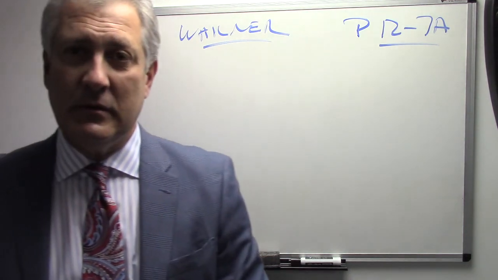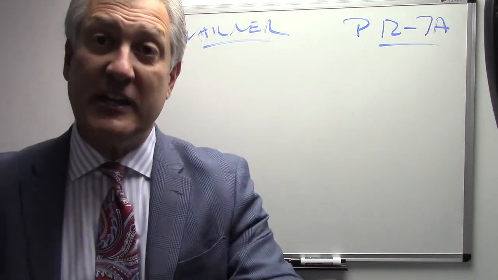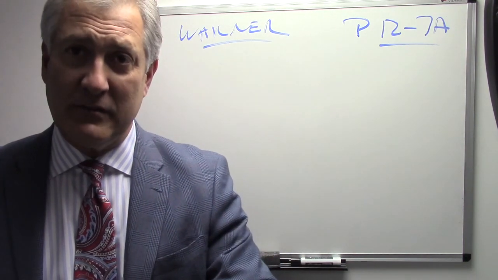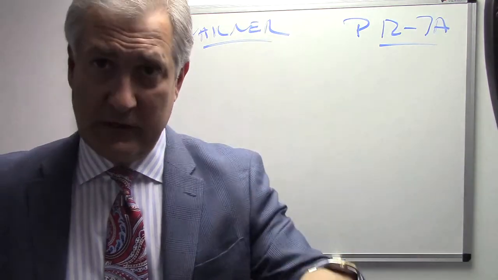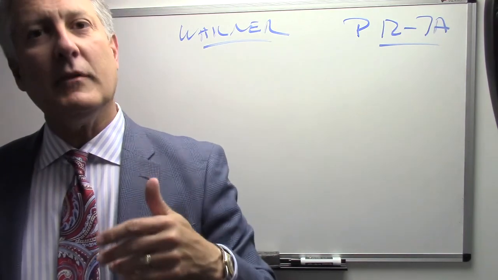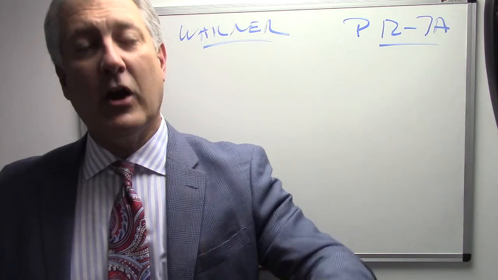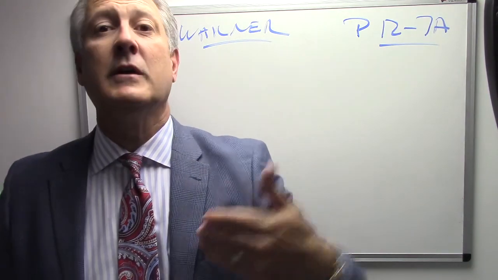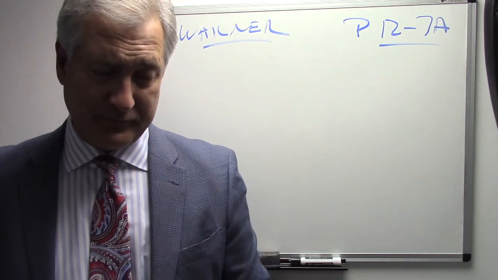Step number 2, go to your comparative balance sheet and calculate the change in all balance sheet accounts. Calculate the amount and put a little indication. Does it go up or does it go down? Third step, the changes in current assets and current liabilities are going to be adjustments to net income in the operating activity section of the statement of cash flows.